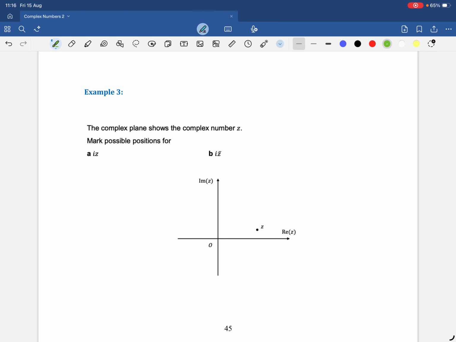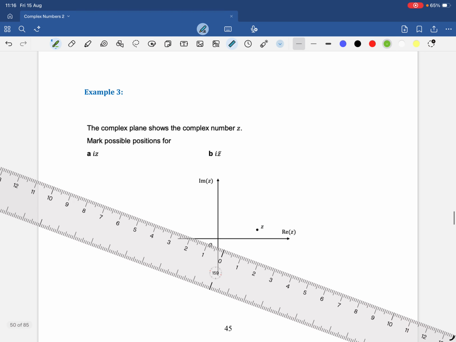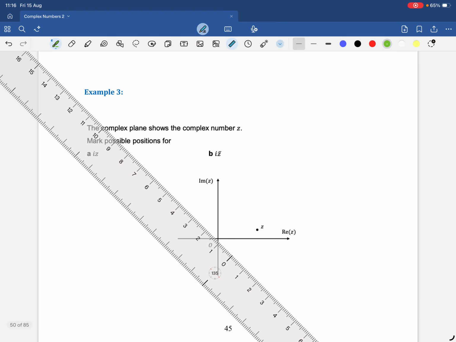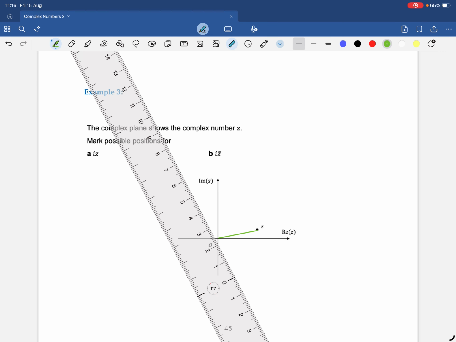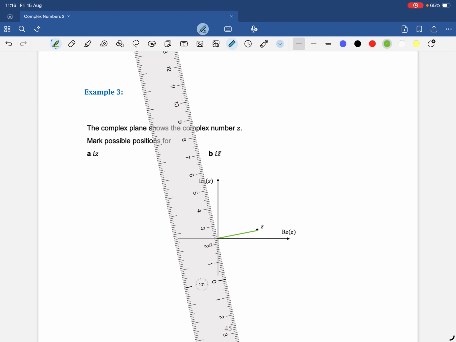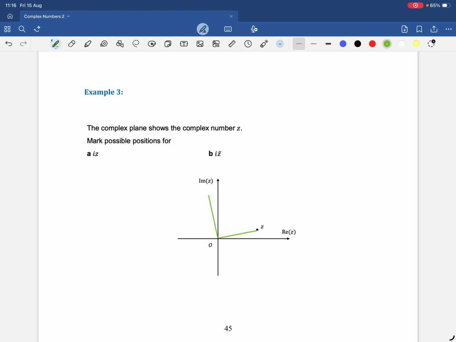We've got iz, which is going to be at right angles. So if we draw z here, iz is going to be at a right angle, which appears to be there. Again, we don't expect you to use a protractor as long as you are indicating that it's a right angle.